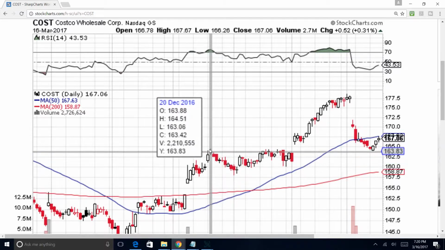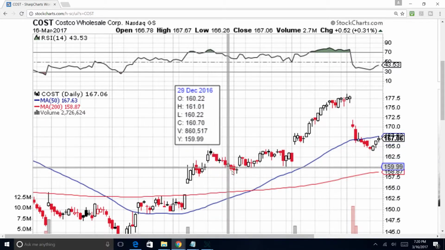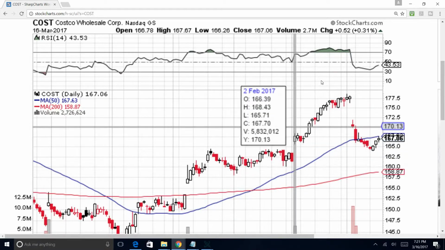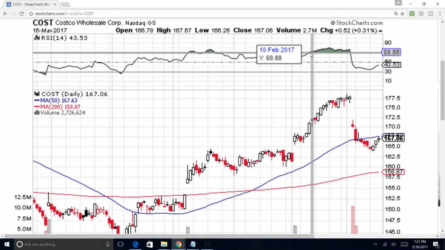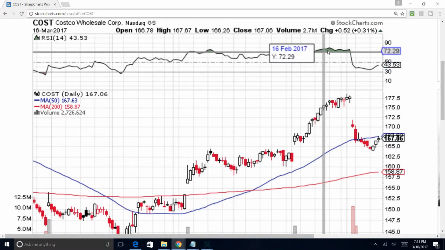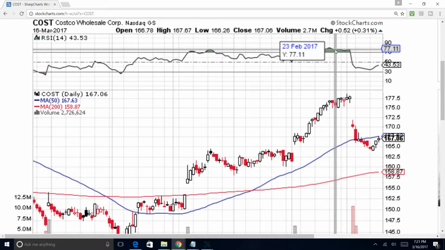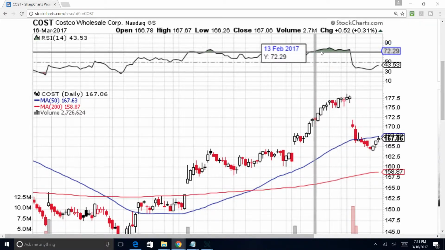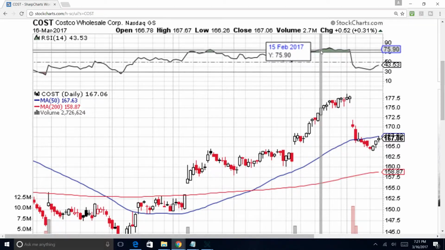We had a little downward trend from 164 to 158. So that's what RSI tells us. That's how it can help us. It happened again here, although it lasted quite a bit longer. Stocks can stay overbought or oversold for a while. So this is just one of the indicators that we use to decide, or predict, where the price movement's going to go.